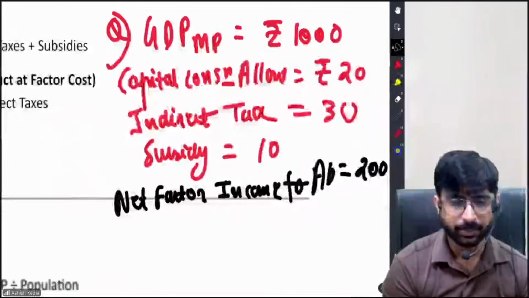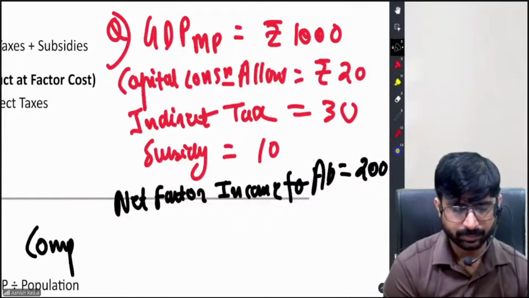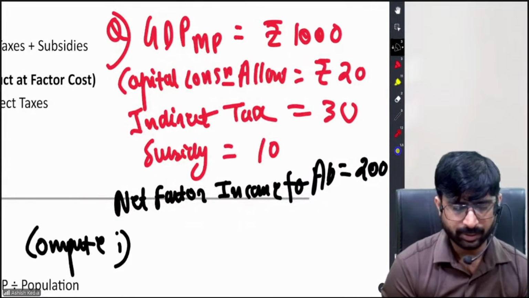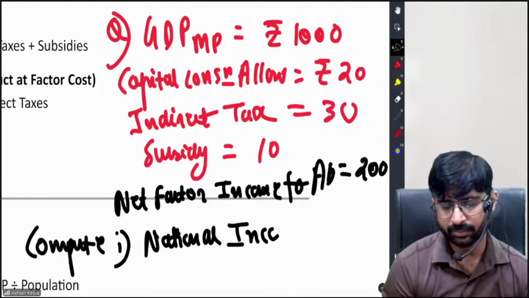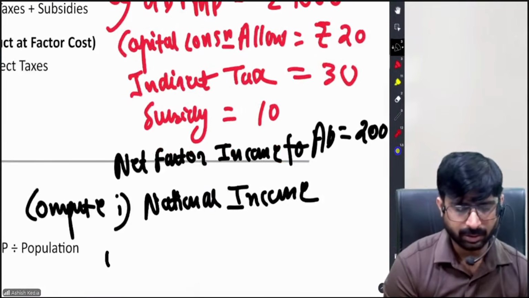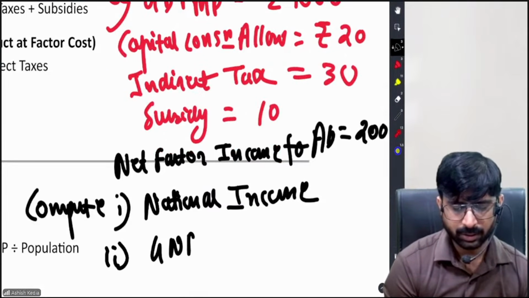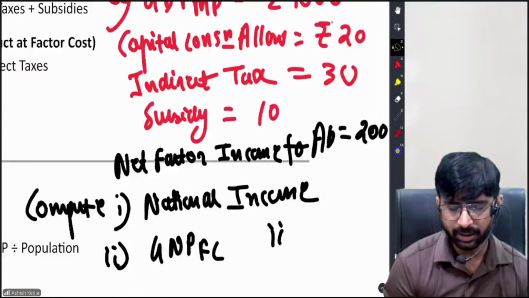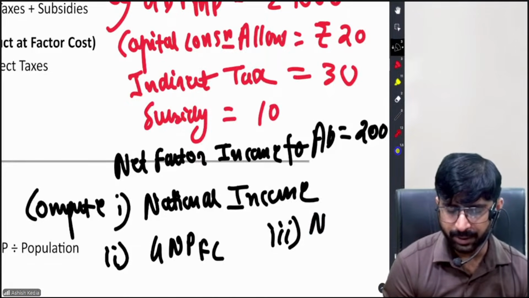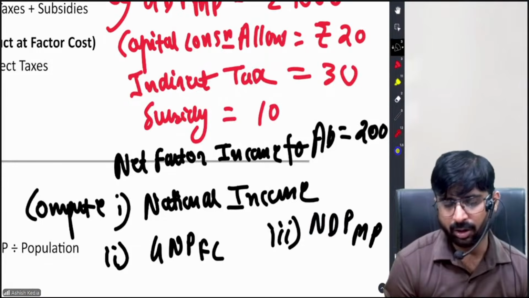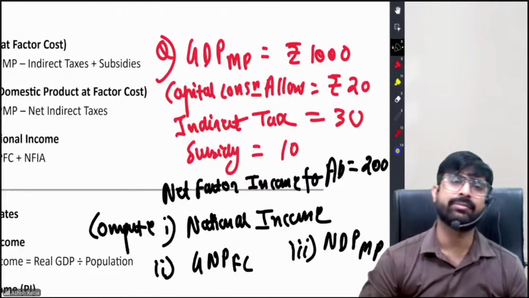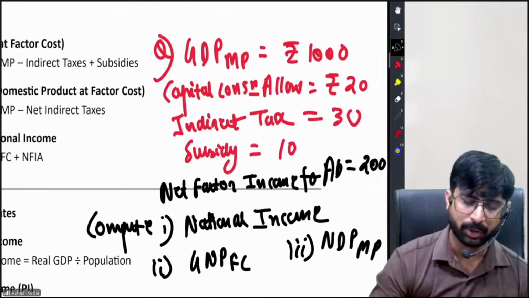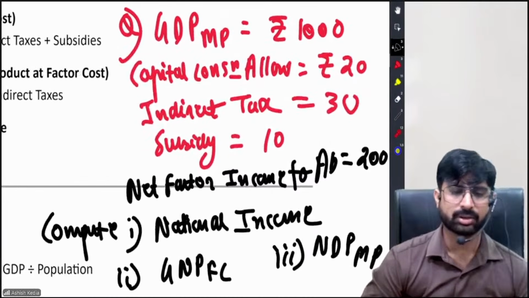They have asked you to compute number one, national income, number two, GNP at FC, number three, NDP at MP. All data has been given to you. Three things you have to calculate, class. I'll wait for a couple of minutes before I solve it for you.